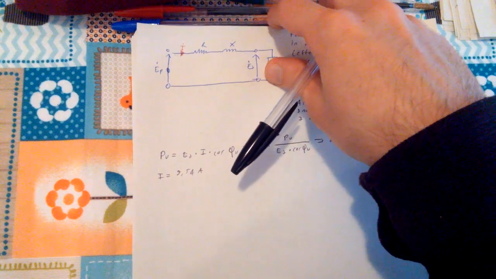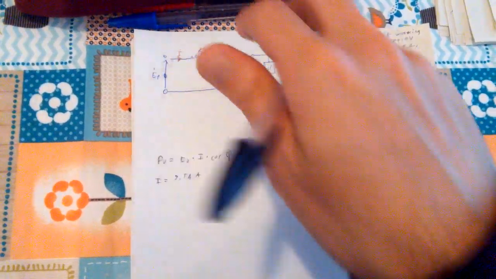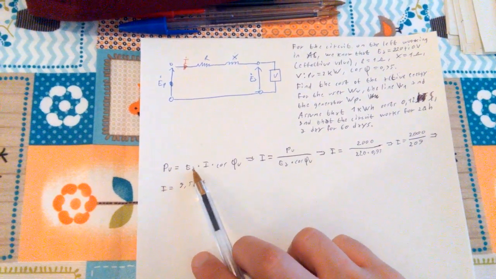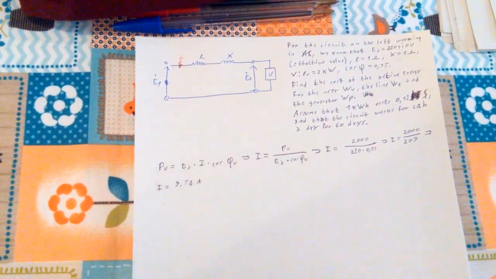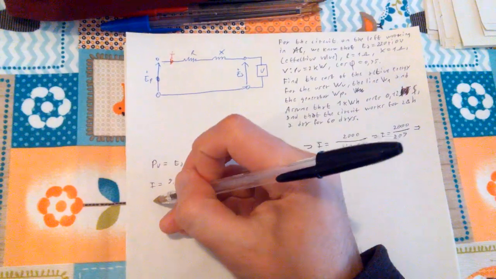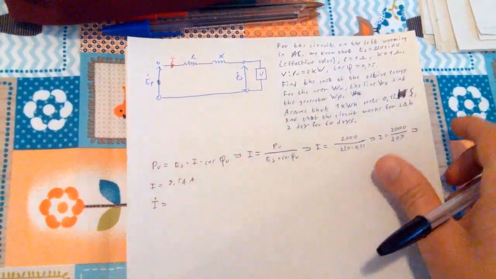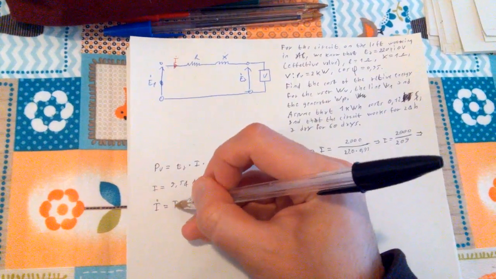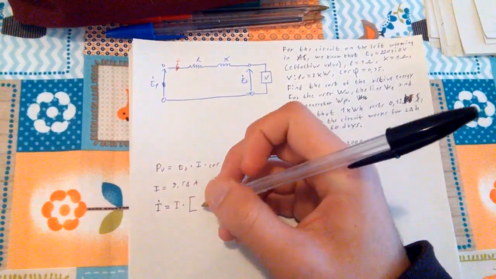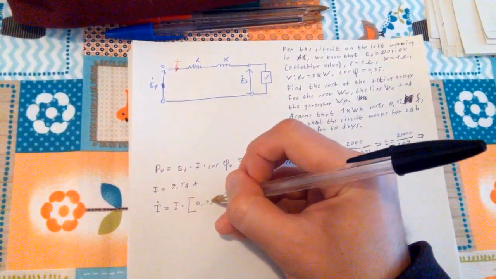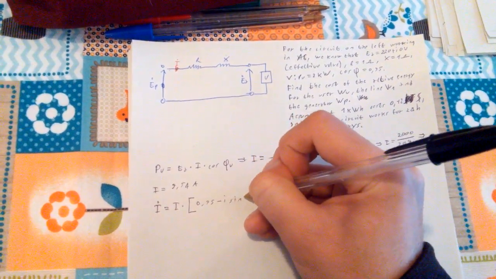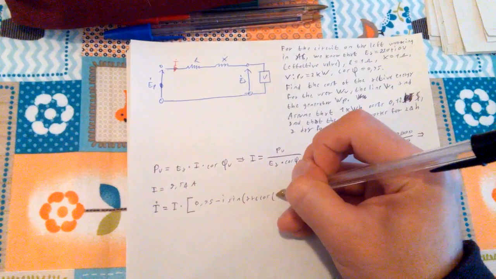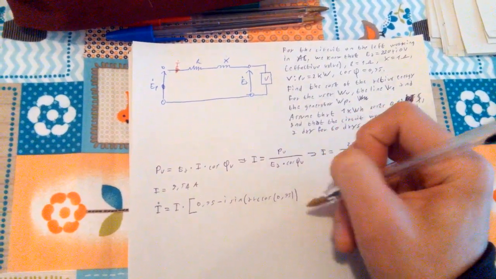Now that we have the current, we can say, okay, EA is actually on the real axis. So I complex would actually be I times 0.95 minus I sine of arc cosine of 0.95.